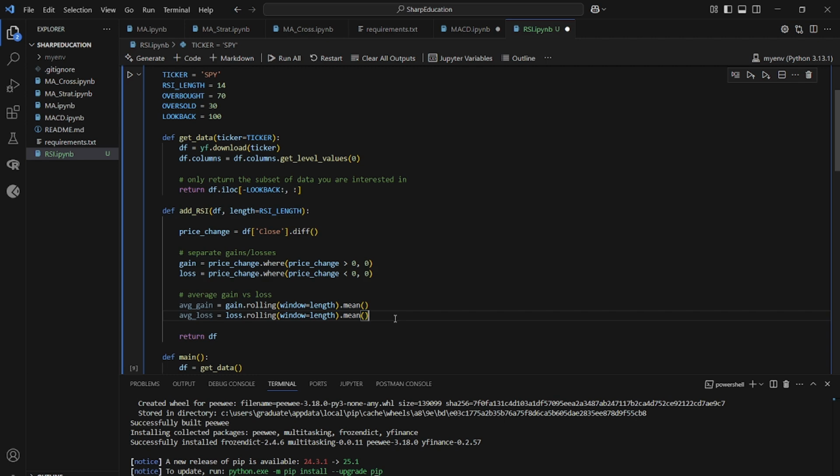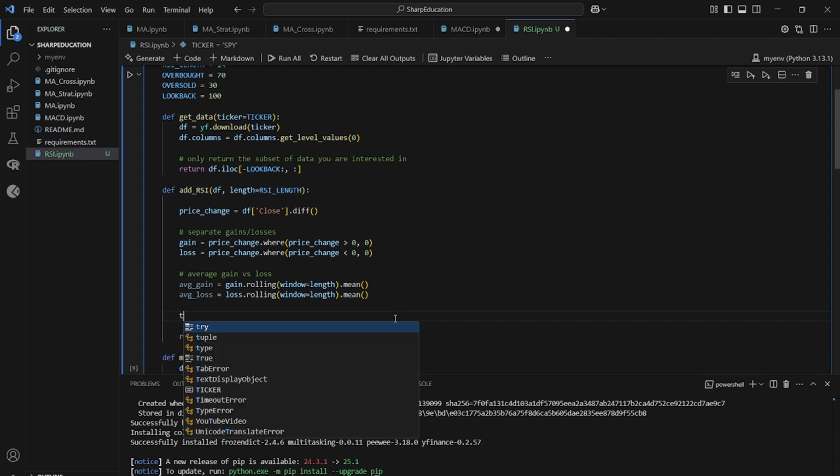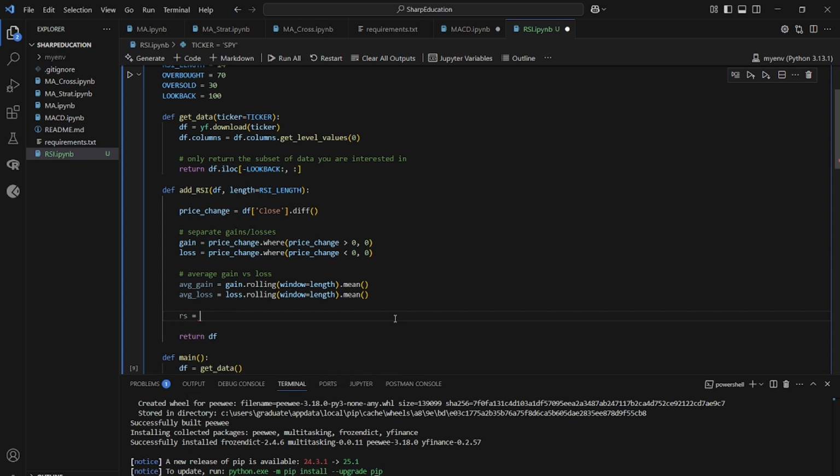So what percentage of each other have the gains and losses been? And here's how we define this. So the relative strength, or just RS, is simply the average gain divided by average loss. So what percentage of the average loss is the average gain?